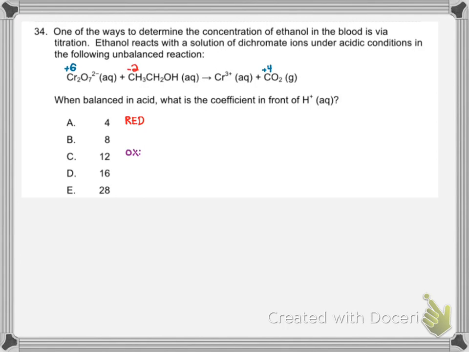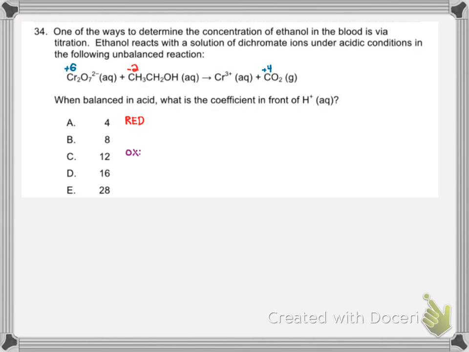Our first step in balancing redox reactions is to split into half reactions. So we can see that the dichromate, the chromium went from +6 to +3. So it was quite literally reduced. So that's going to be what we use for our reduction half reaction.